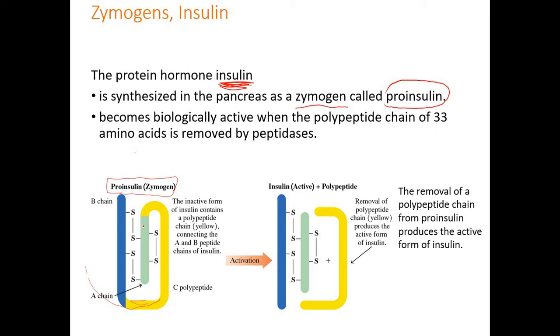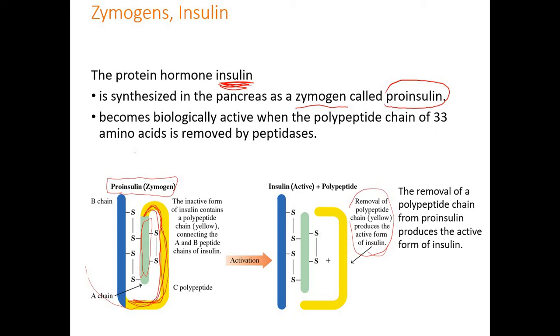This is the A chain and this is the B chain. Okay? So for it to be activated, the polypeptide chain must be removed. So this is the covalent modification. This is the modified form. This is the covalent modification that is done.